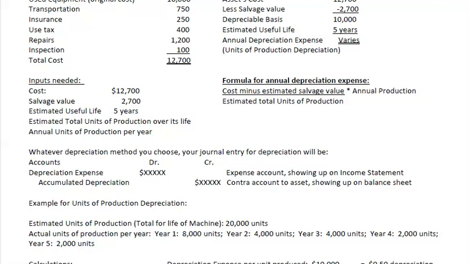We're going to say that it's going to produce 20,000 units over the life of the machine, broken down by each year there. And again, we're making the assumption that we're going to wear this puppy out because it's a new machine, this first and second year. So we're going to use it a lot.